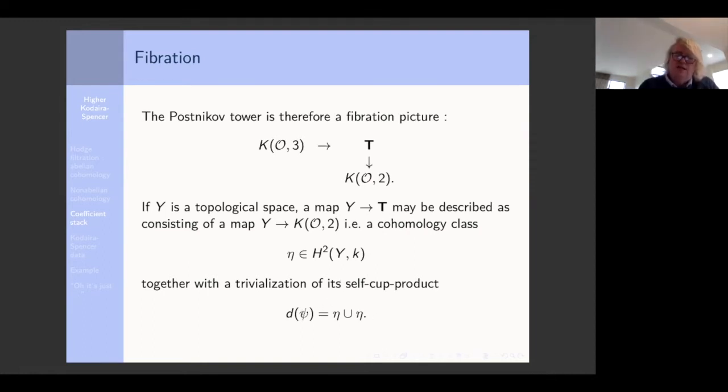So that means a 3-dimensional chain psi such that d of psi equals eta cup eta. And the fact that there's a choice of psi here, you can modify psi by a closed 3-dimensional cocycle. That's reflecting the fact that the fiber of this fibration is K(O,3).